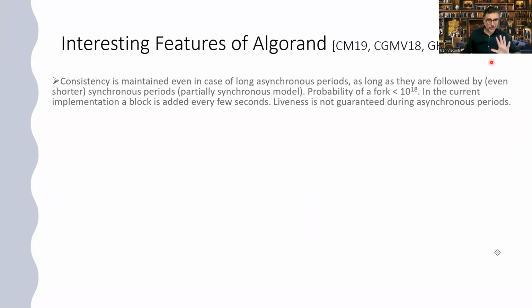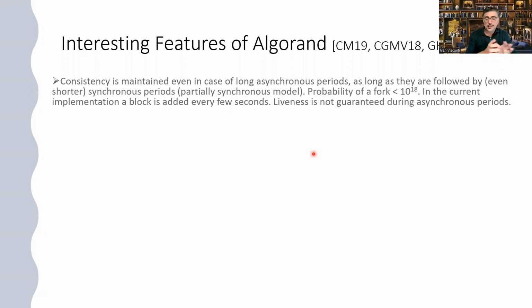Okay, good. So that was the high-level overview of how it works. Let's now comment. Consistency is maintained, even in case of long asynchronous periods, as long as they are followed by some shorter synchronous period where the network is not under attack.